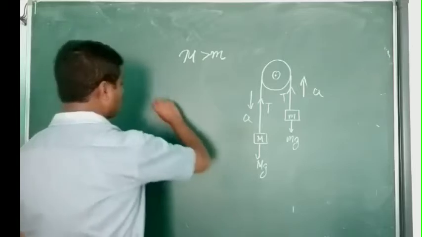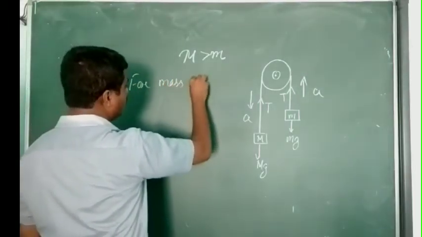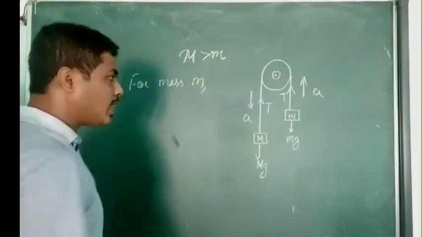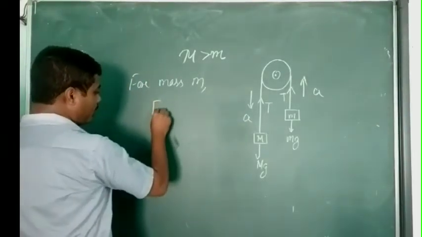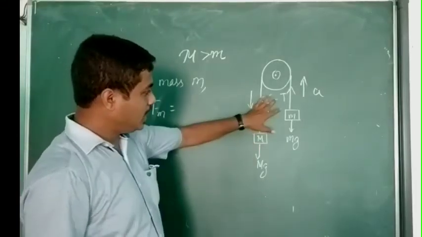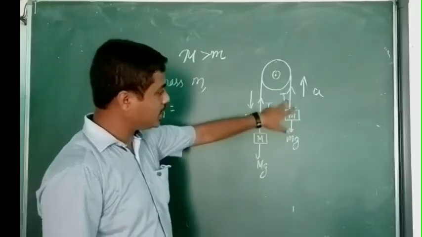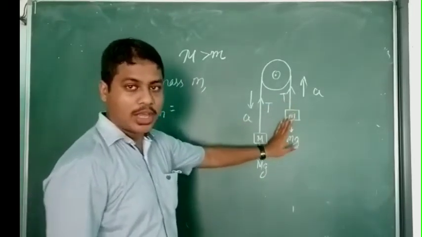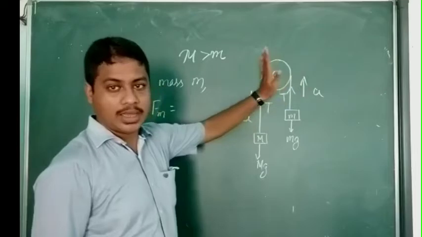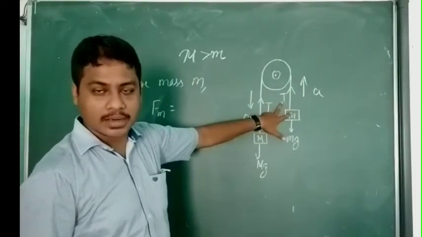Suppose for mass small m, the total force acting on it, F_m, will be equal to the total force acting on it. Here there are two forces acting, one is the weight mg and one is the tension, and since the body is moving upwards, the tension force will be greater.